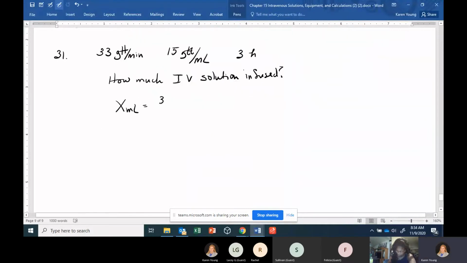I've got 33 drops per minute. I'm going to set this up a little bit different. I'm going to go ahead and do my drop factor next. It doesn't matter if I do my drop factor or my hours next, it's all got to be done. But then I'm going to have 1 milliliter over 15 drops times my time it's ran, which is 3 hours.